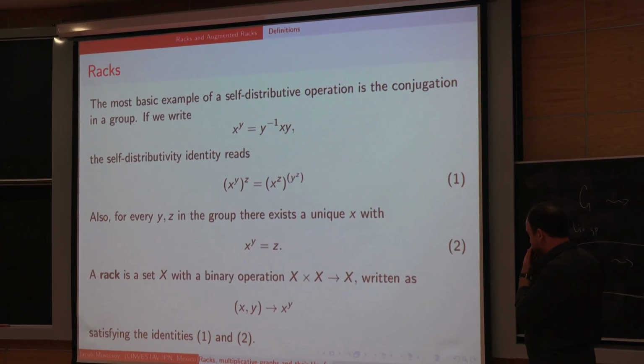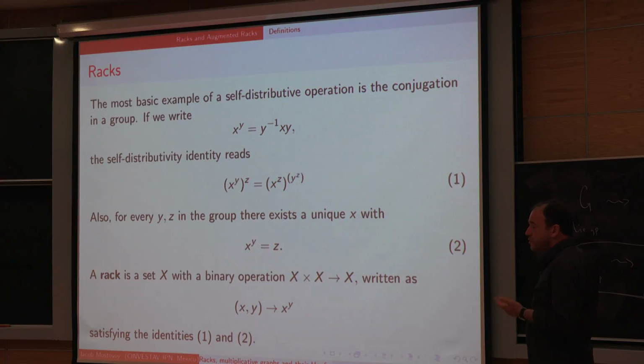So a rack is simply a set with a binary operation which satisfies this self-distributivity identity, which is so characteristic for the group conjugation. Also, there is another condition, that basically the conjugation is something invertible.